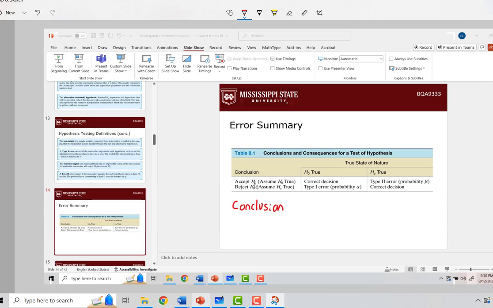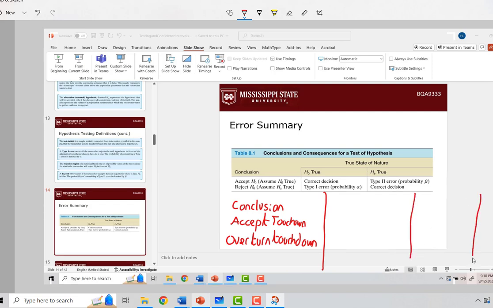Remember I said the H naught in the touchdown example is that it is a touchdown. So we basically say, yeah, we accept the touchdown. So we conclude we accept the touchdown. And here we overturn, we reject the touchdown, so we overturn it.